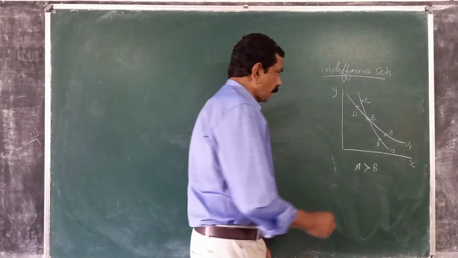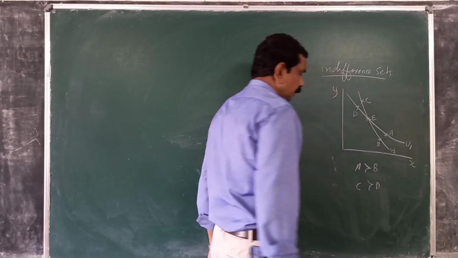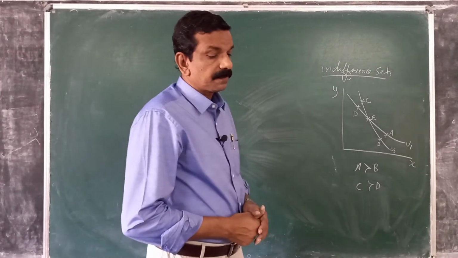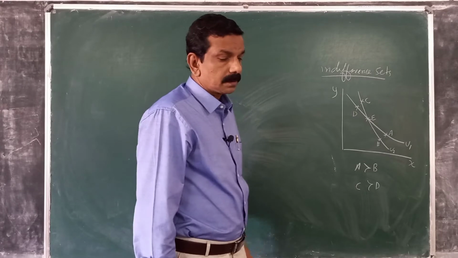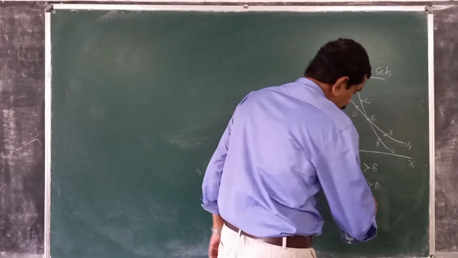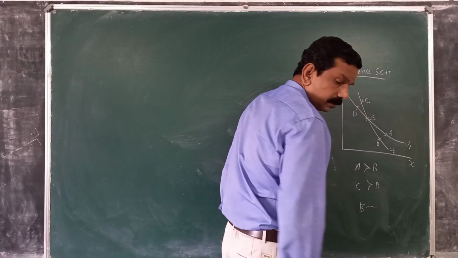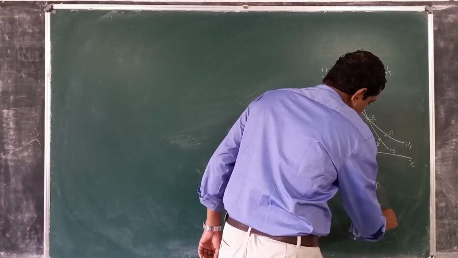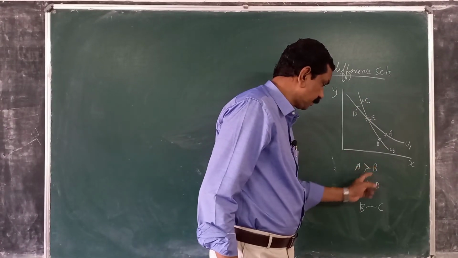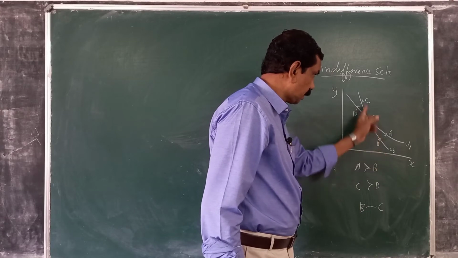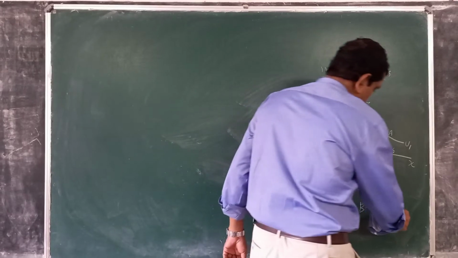Then C is preferred to D. Also, B is indifferent to C. C is preferred to D, A is preferred to B, and B and C are on the same indifference curve, so B is indifferent to C.